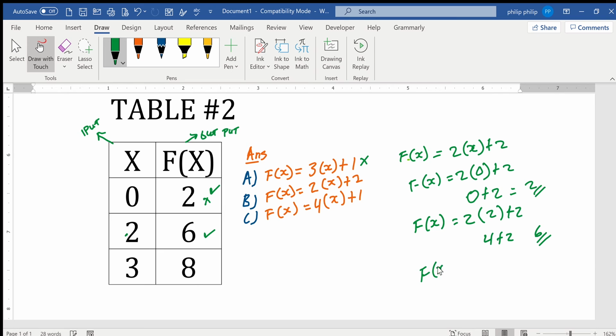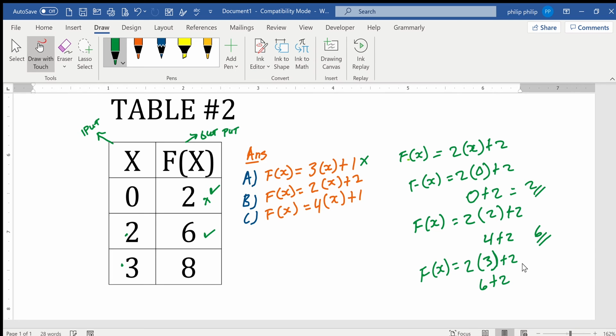So now let's test the last one to make sure that our answer is correct. So we have 2 and what's our input value here? It is 3. Oops, right, 3 plus 2, remember, plus 2. So 2 times 3, 6 plus 2.